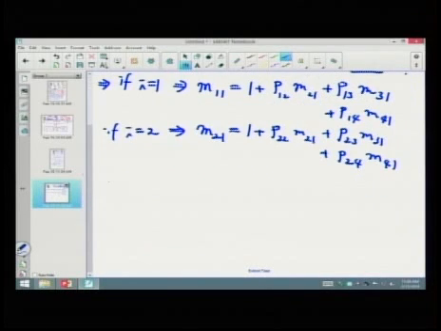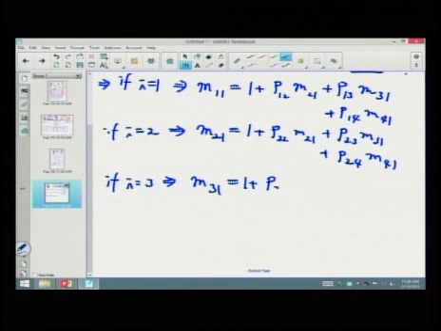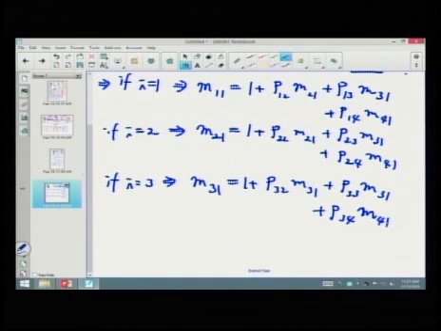So if you keep going, if i equals 3, then that's going to be m sub 3,1, right? 1 plus p sub 3,2, m sub 2,1, p sub 3,3, m sub 3,1, and p sub 3,4, m sub 4,1.